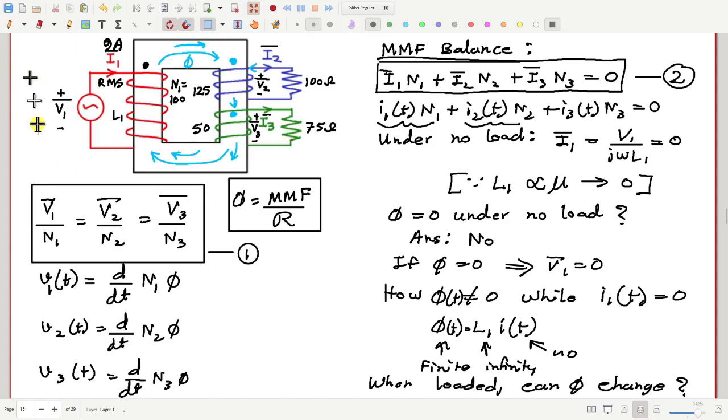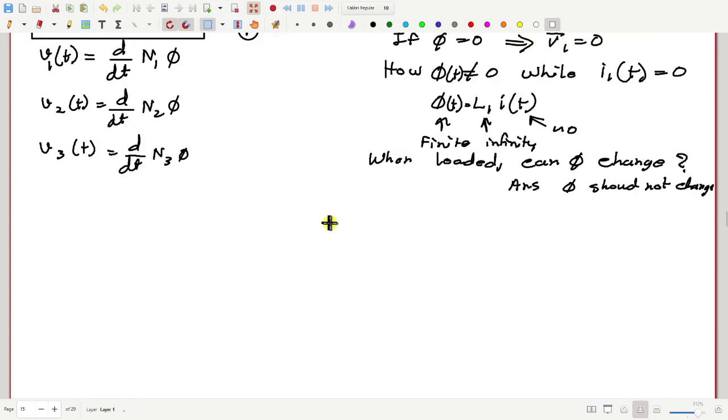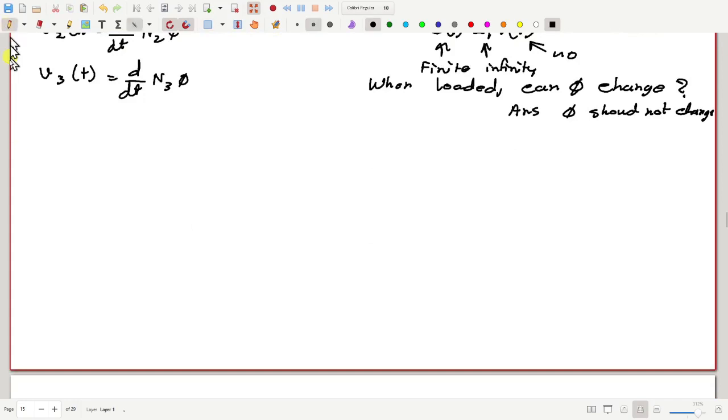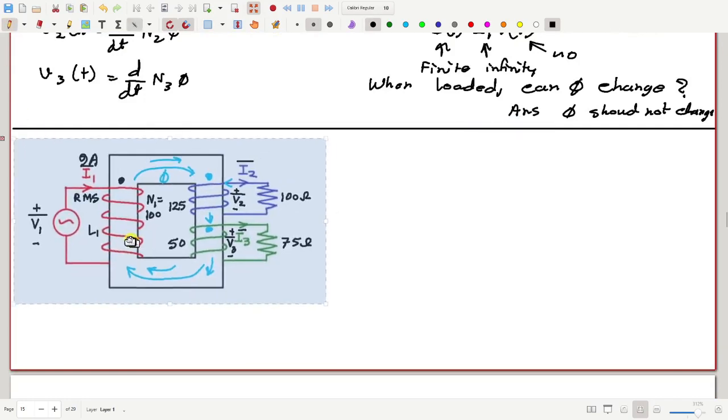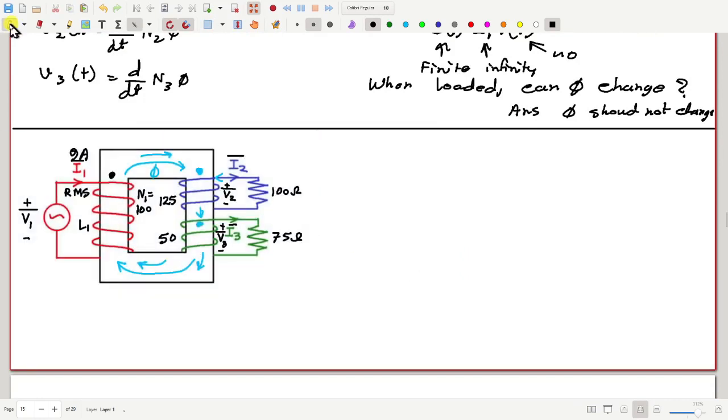For that, let me make a copy of this circuit. Now V2 by V3 should be equal to 125 by 50, N2 by N3.